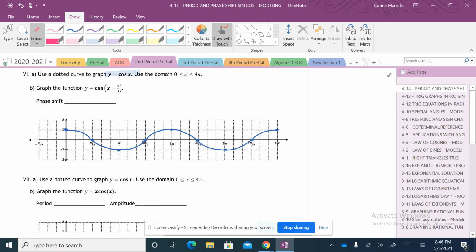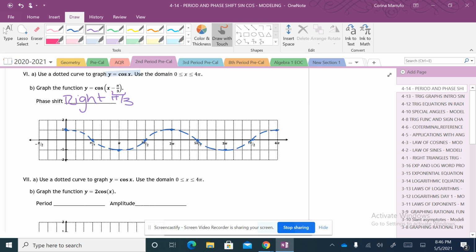Oh, it's supposed to be dashed. All right, and then from here, we're going to move it pi over 3 units. And since it's minus, we're going to move to the right, pi over 3.